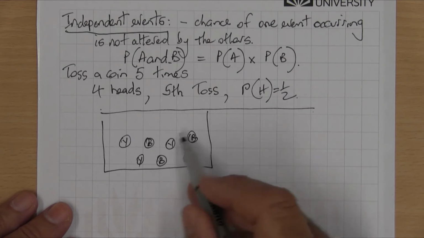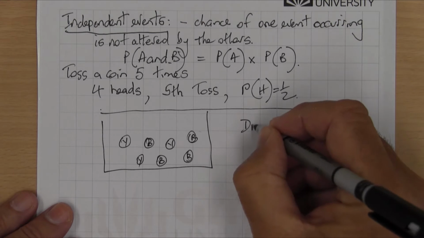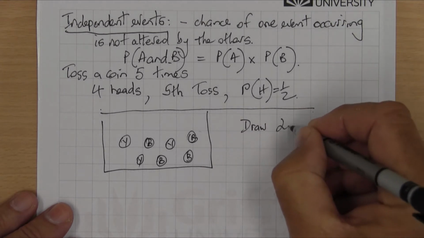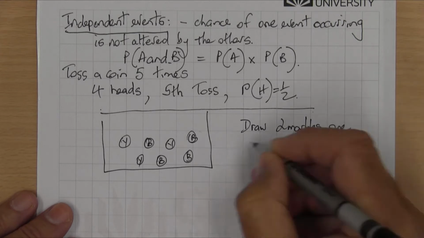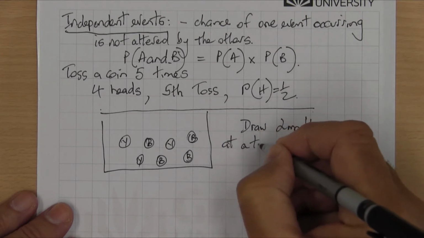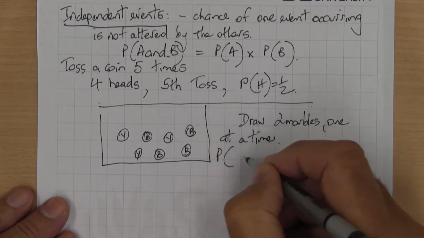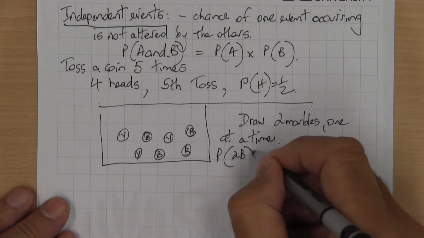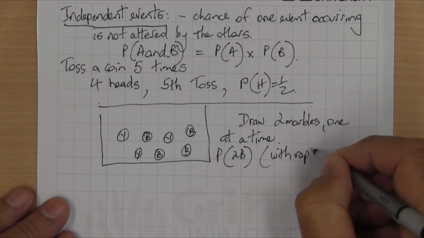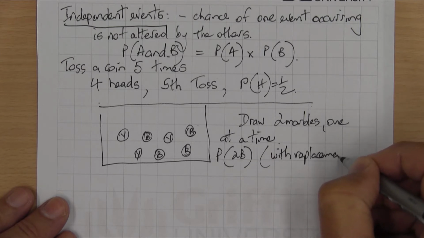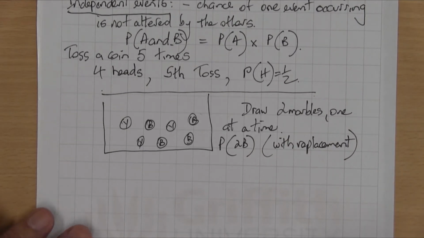We're going to draw 2 marbles, one at a time. And what's the probability you get 2 blue with replacement? In other words, you draw the first one, and then you put it back in again, and you draw the second one.